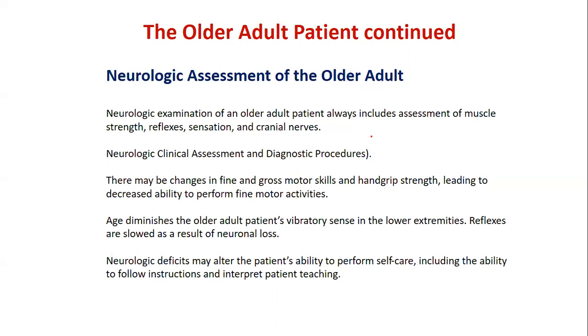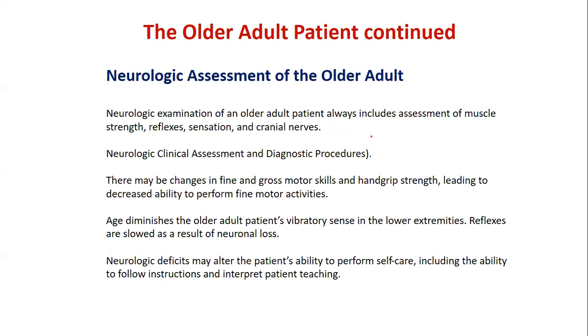So if you ask me, what is the neurological evaluation of an elder person? I want to tell you it is the clinical evaluation of neurological disorder in the elderly, looking through the history or performing an age-appropriate assessment for a neurological problem.